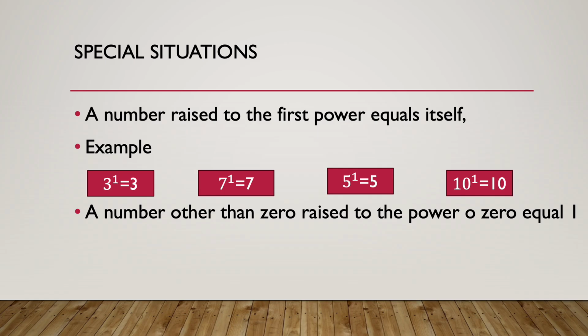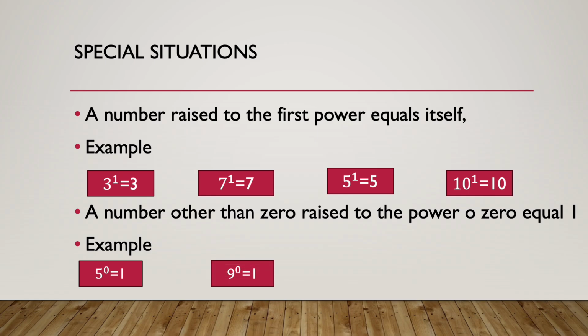Second one. A number other than 0 raised to the power 0 equals 1. When it is raised to the power of 0, it is equal to 1. Example. When a number is raised to the 0 power, what is the answer? 1. Second one, this is also the same, it may be 100,000 or a million or whatever.